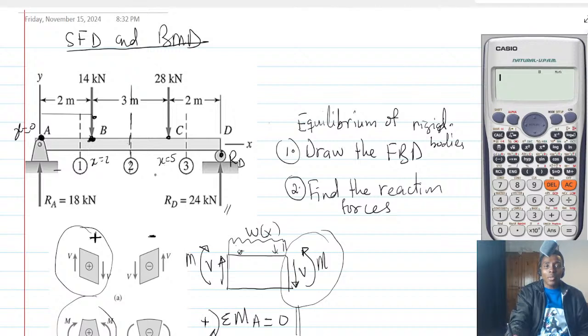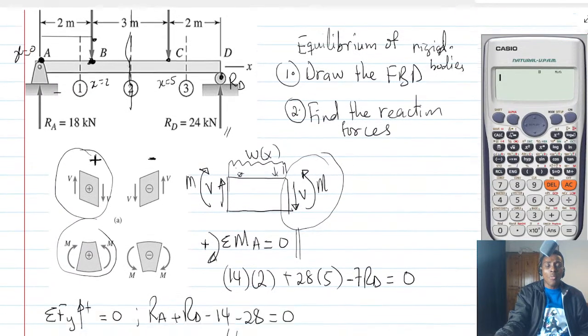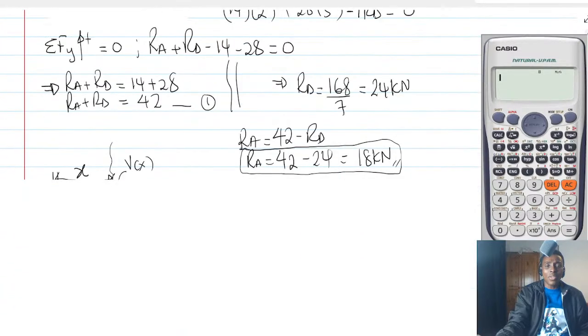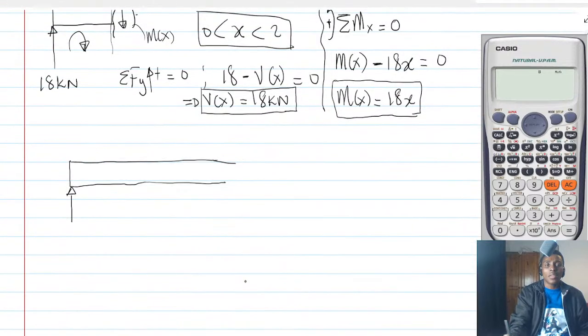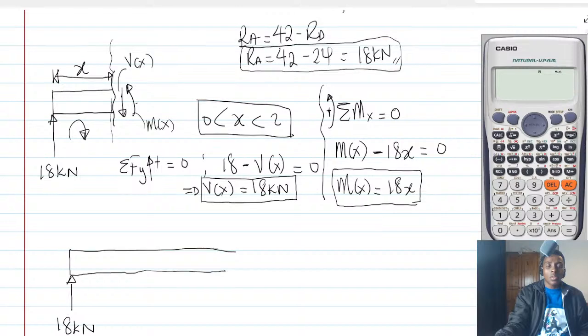So now, since the section is here, we will bring every force. Now this is how it's going to be. So 18 kilonewton is here. Alright.